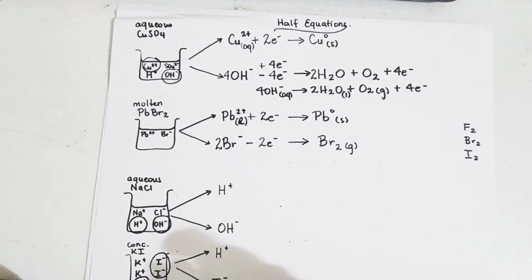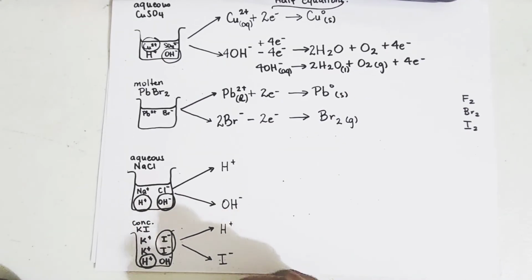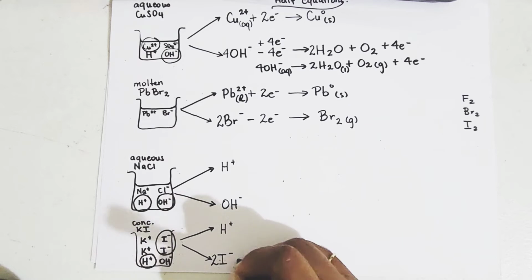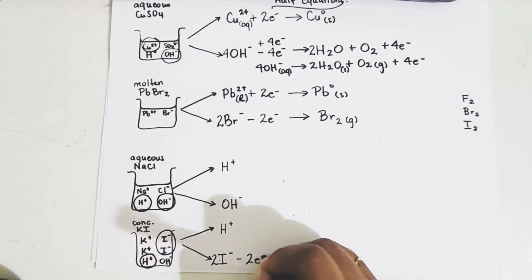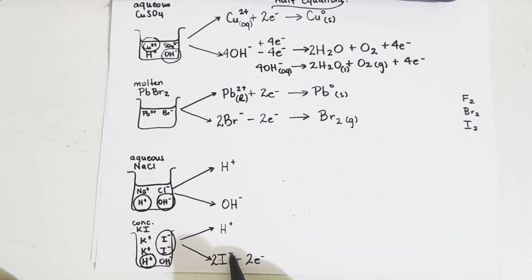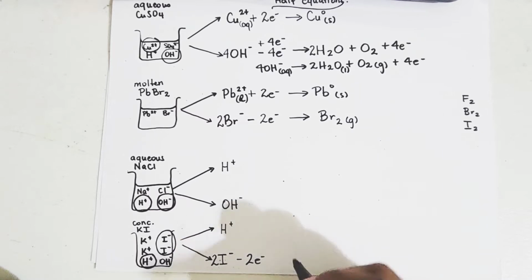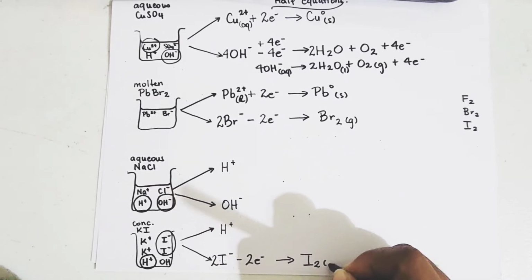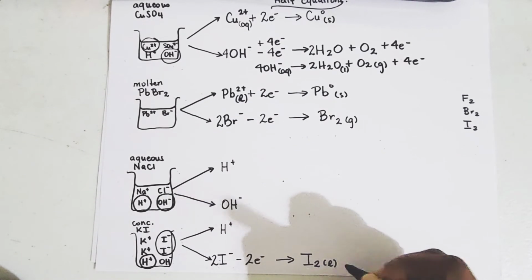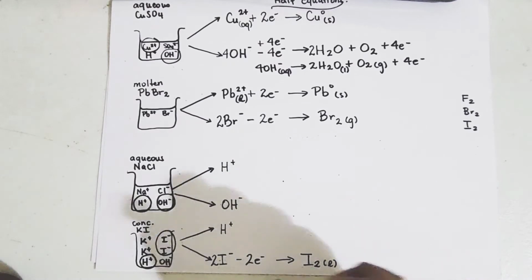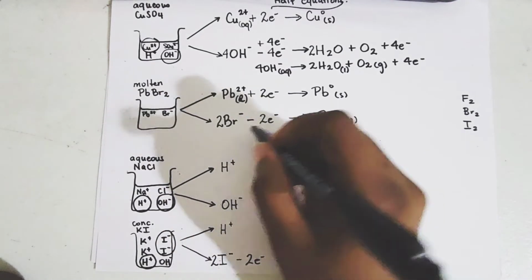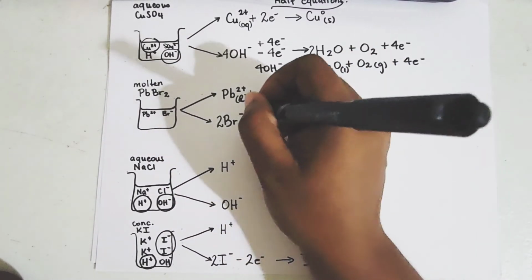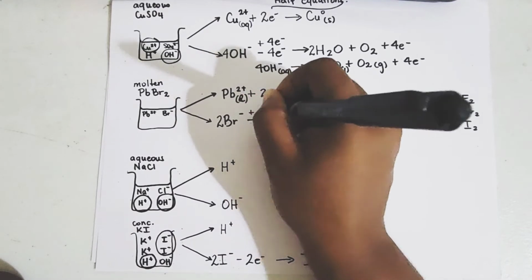You will have 2, like down here. If I do this one down here, this will be 2 in front here, minus 2 electrons, because this 2 will be multiplying here. Remember the negative sign comes down here, and we have here I2. But again, what I want to say is that we don't like negative signs, so we would add 2 electrons to both sides.